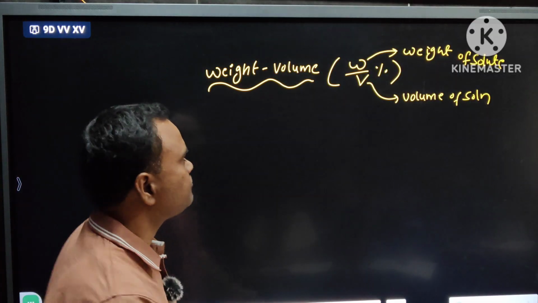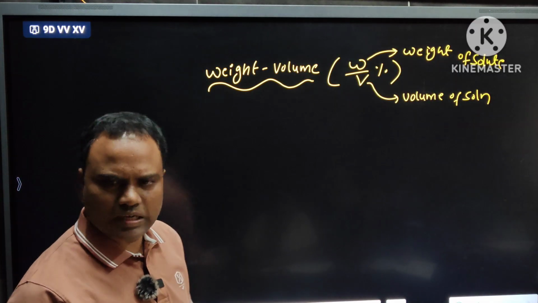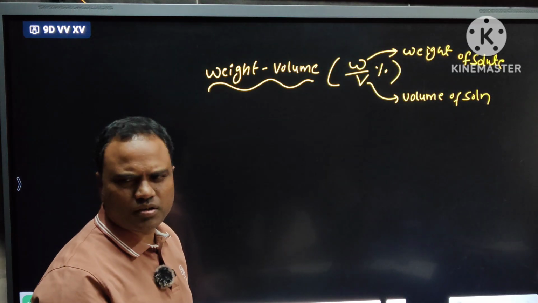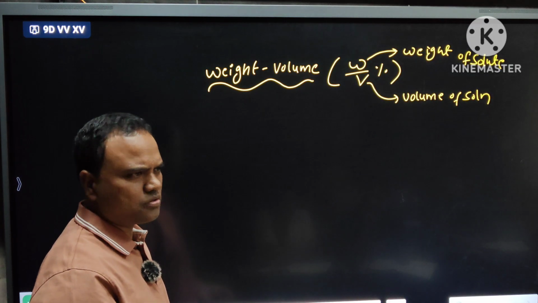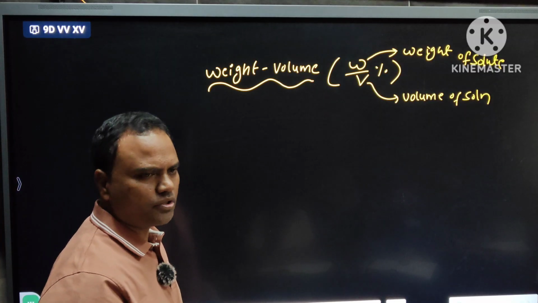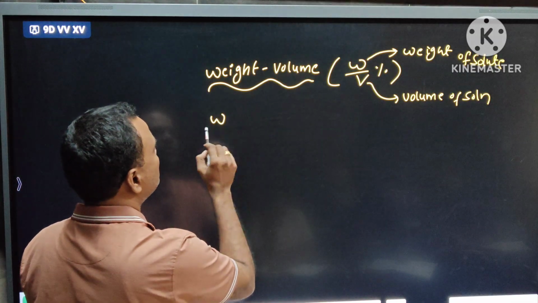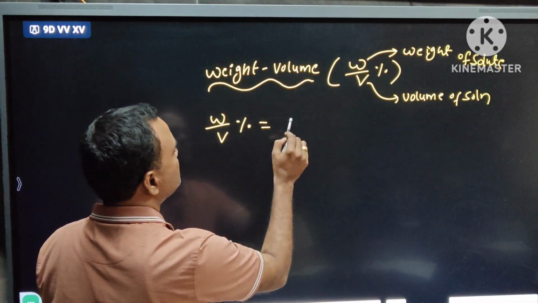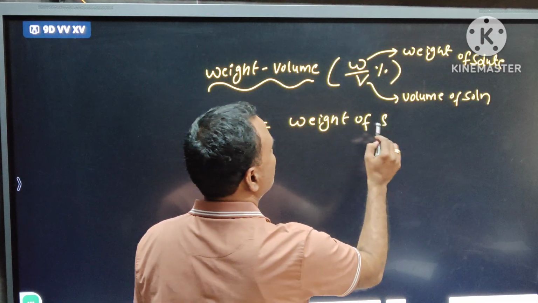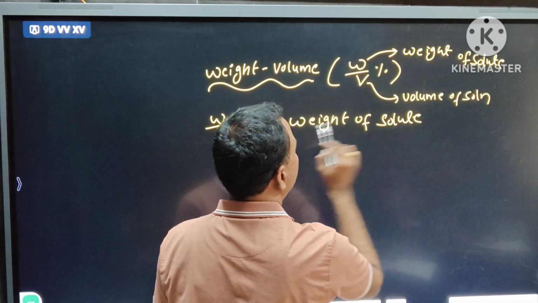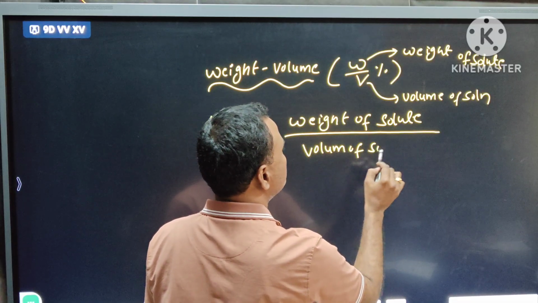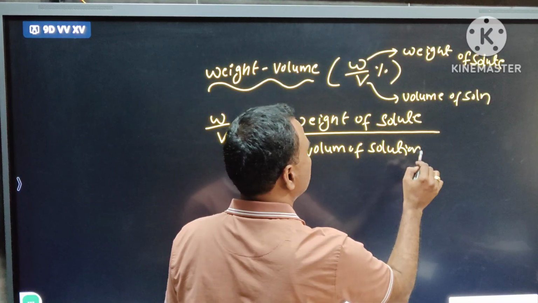Weight volume. I will give you the formula directly, instead of the definition. Definitions are not useful, totally a waste of time. So write the formula directly and the notation. Notation is only useful for us. W by V percent is equal to the weight of solute by volume of solution, into 100.